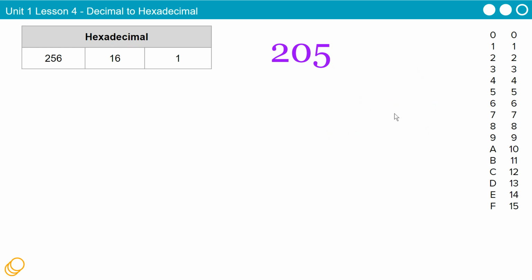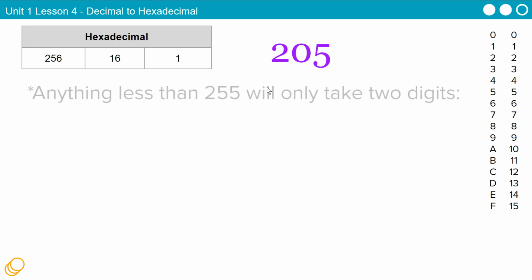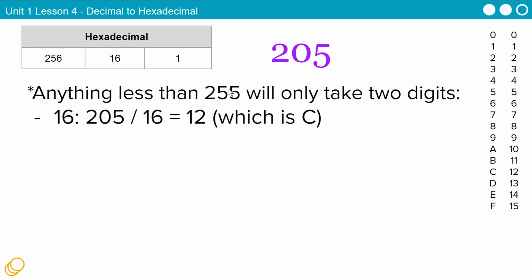Anything that is less than 255, I only need 2 hexadecimal digits. If it's more than that, I'm going to start by dividing by 256. But since I'm less than that, I start by dividing 205 by 16. Here's an issue that students often come across.